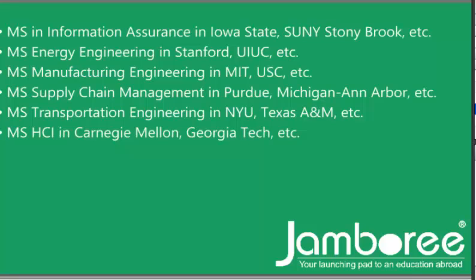So it's more about, again, I'll give you a very simple example just for you to understand where HCI comes into the picture. Websites, interfaces. If you're a Jamboree student, you probably have access to the Jamboree online testing portal, right?